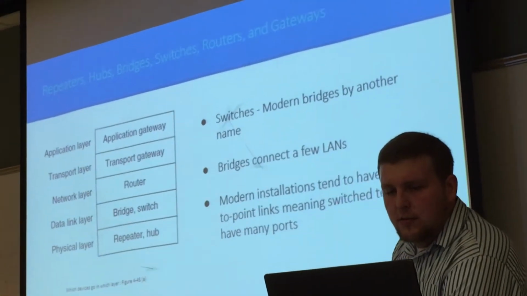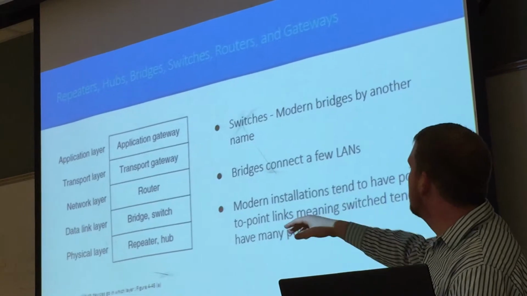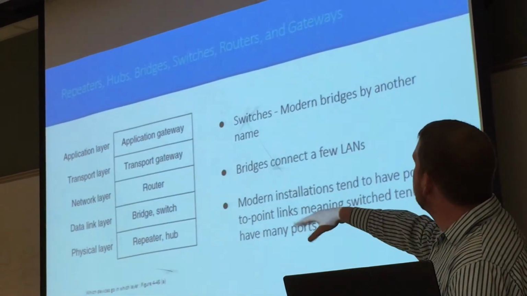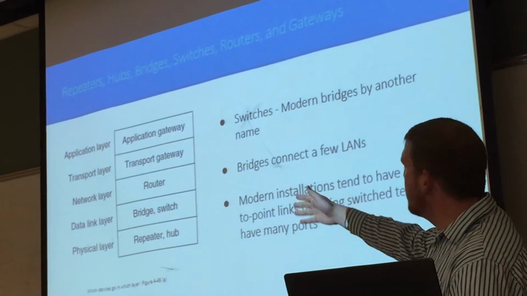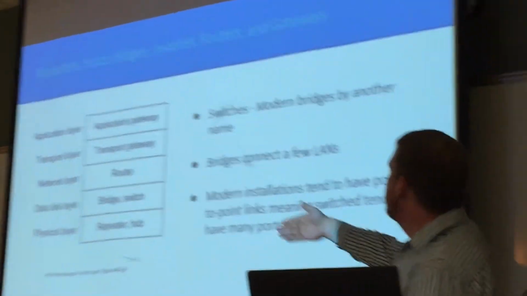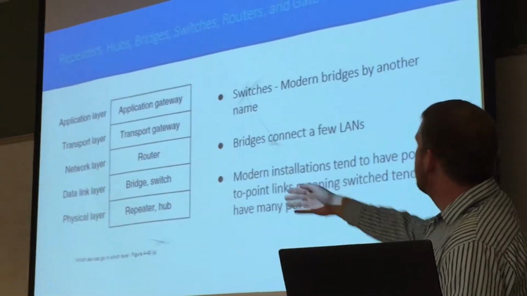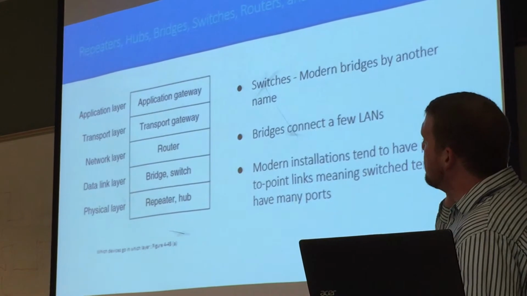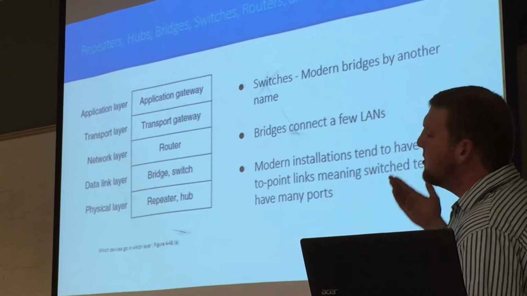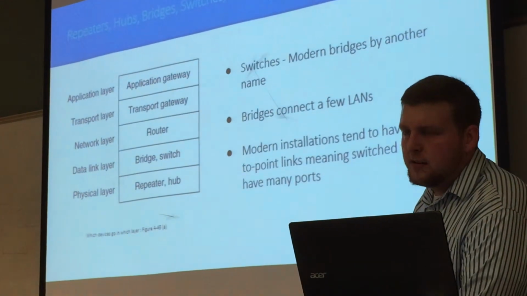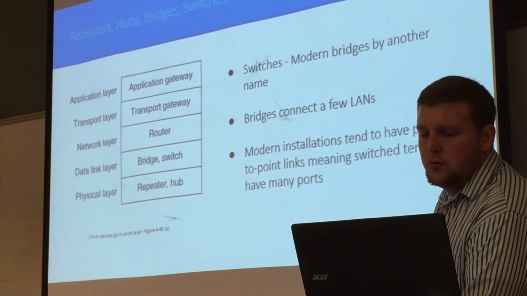So lastly, I just wanted to cover a little bit. This is just a little thing that shows which device is in which layer. We're in the data link layer, so we're dealing with bridges and switches. Switches are just modern bridges. Basically, they're almost interchangeable.